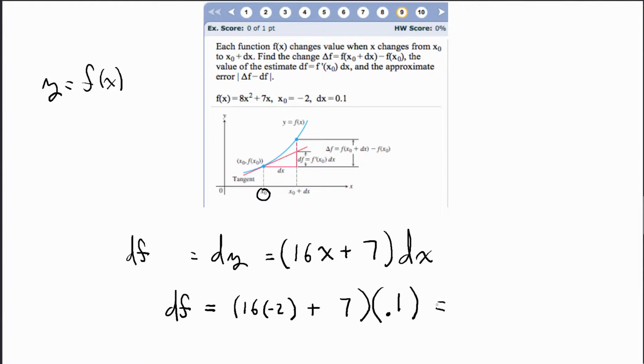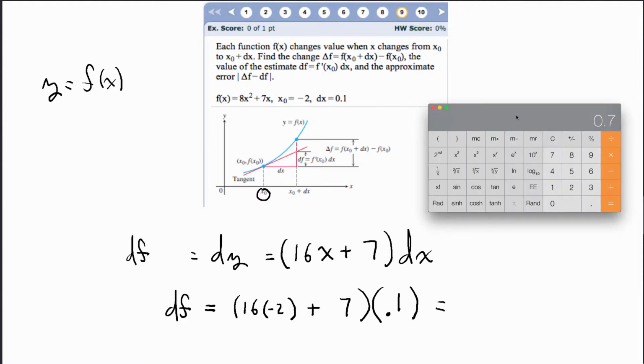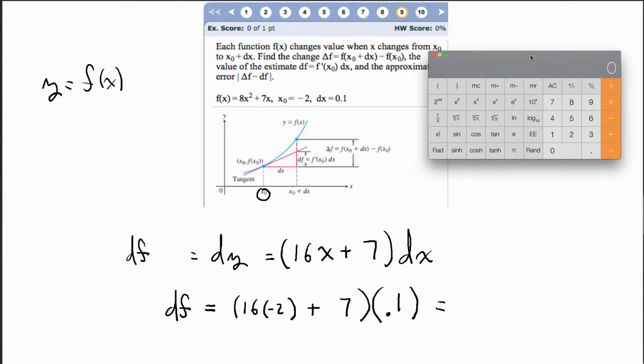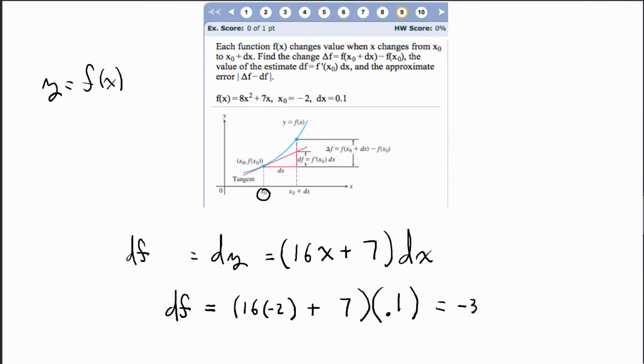And let's see, for this one, I know that we're not using any sort of calculators or anything on our exams, but for this particular problem, feel free to bring out some technology. Let's see what we get here. So this is negative 32 plus 7 times 0.1. Well, this will be easy.